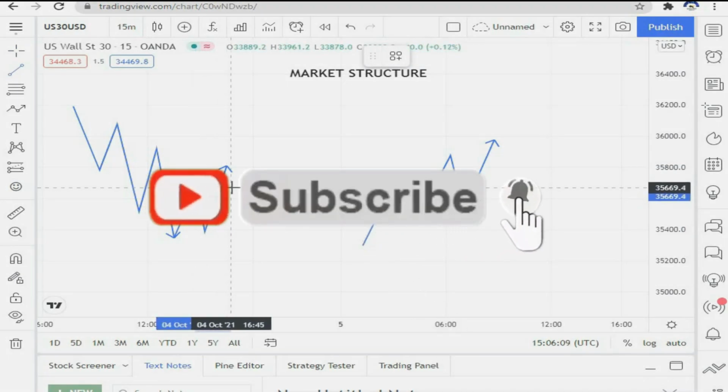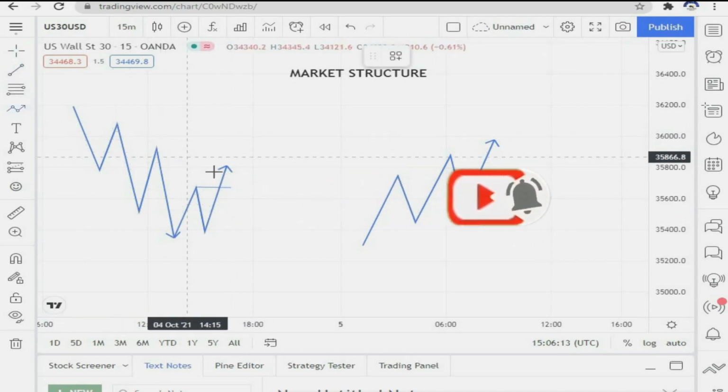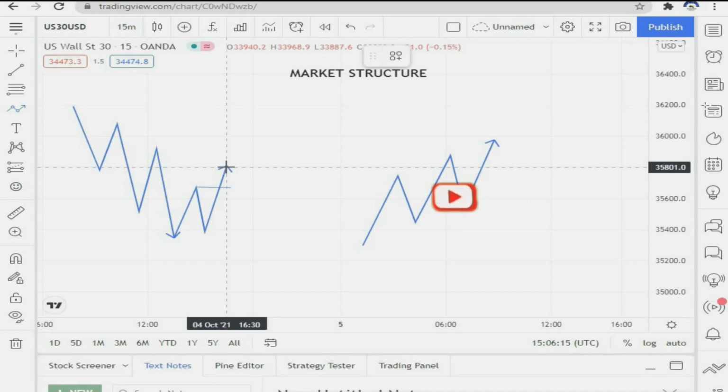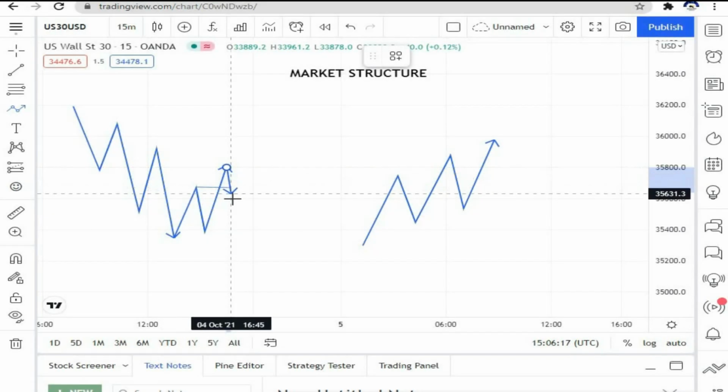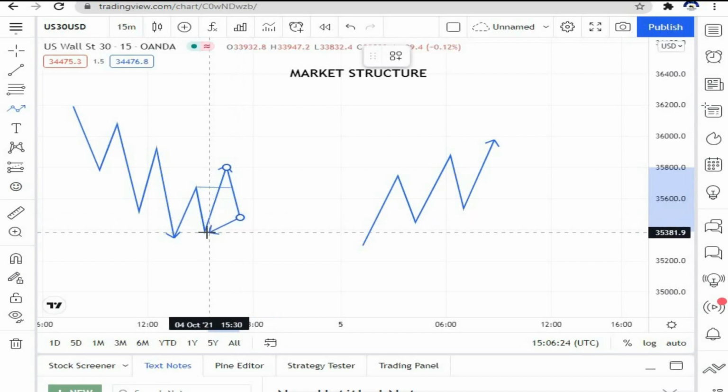So this was a peak engulf, creating a new high, and then the price will come back to the order block zone area, but they will not break the previous higher low.